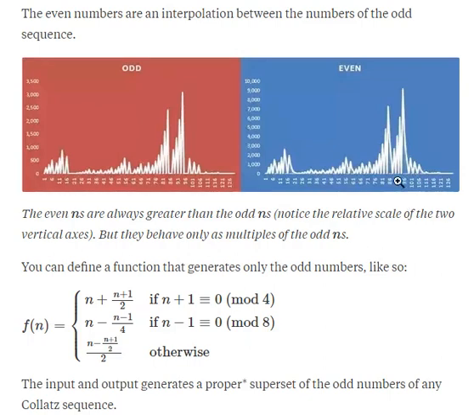So how do I arrive at the odd sequence? Well, I use a function that is a little bit intimidating because of the way I presented it here. This is actually sort of the purest form of the function.